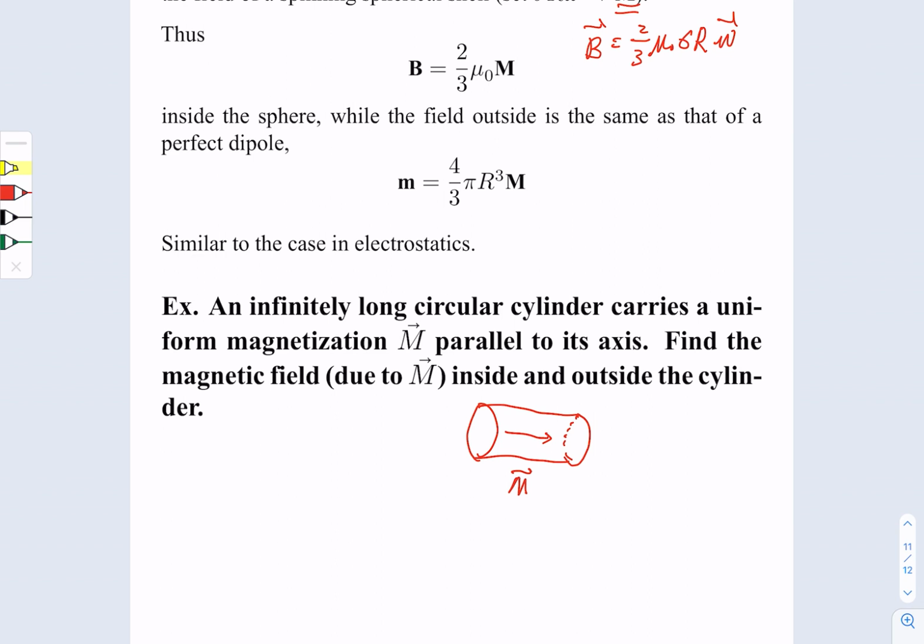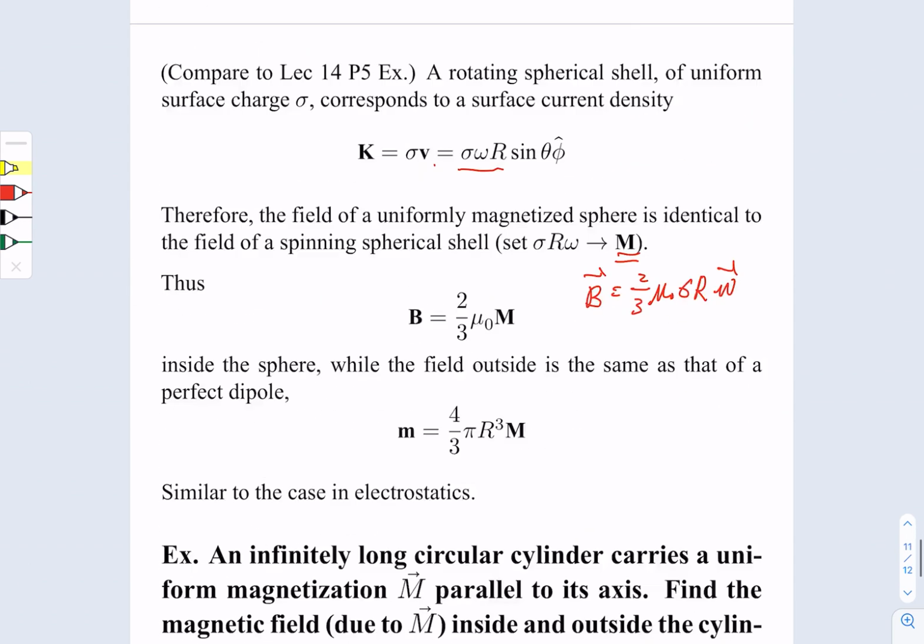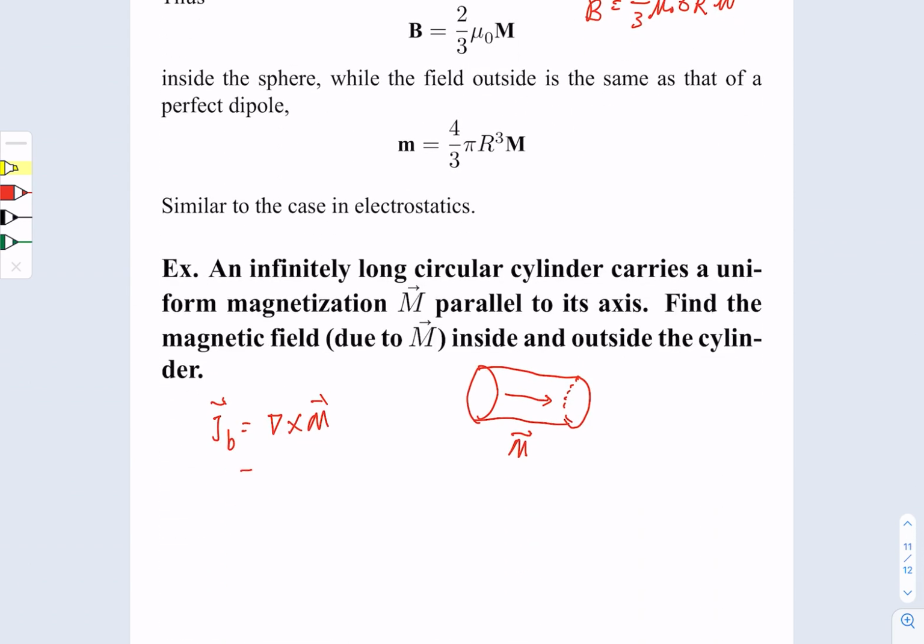We first calculate the bound volume current, J bound, which is del cross M. The del cross M should be exactly 0, just as we argued before, because it's a uniform M, and M doesn't depend on the coordinate inside the object.